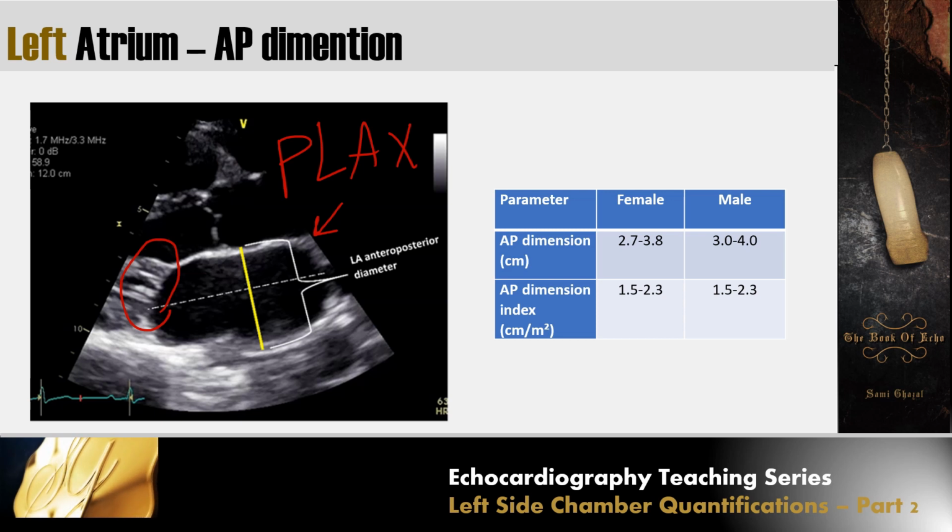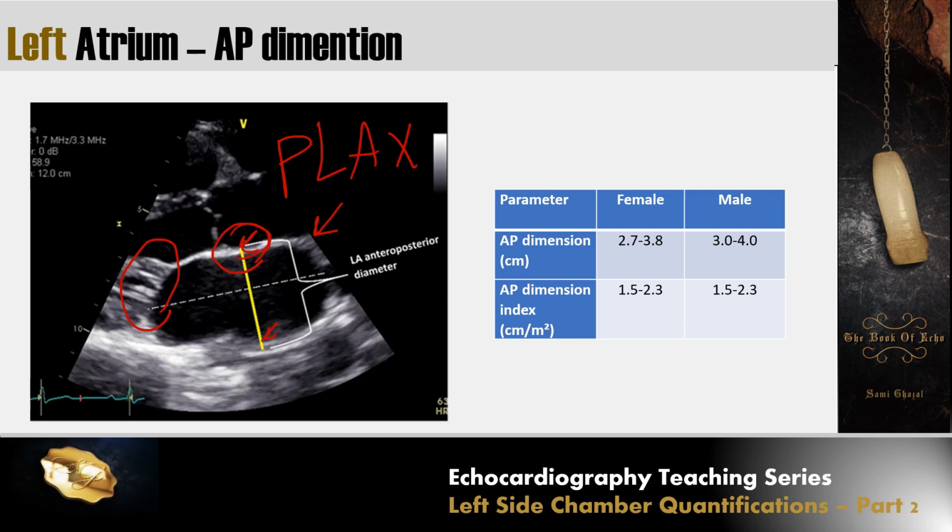So it's around 1 to 2 frames before the mitral valve opens, and we measure it at the level of the aortic sinuses, leading edge to leading edge, outer to inner edge, perpendicular to the long axis of the left atrium. And this is called the anteroposterior dimension or diameter.